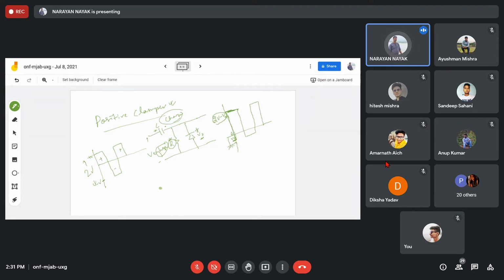So what is the application of this one? Where can you use this one? You can use the clamper circuit for sonar application, radar application. Sonar, you know? Yes, sir. Under the sea, underwater, you can apply the signal.